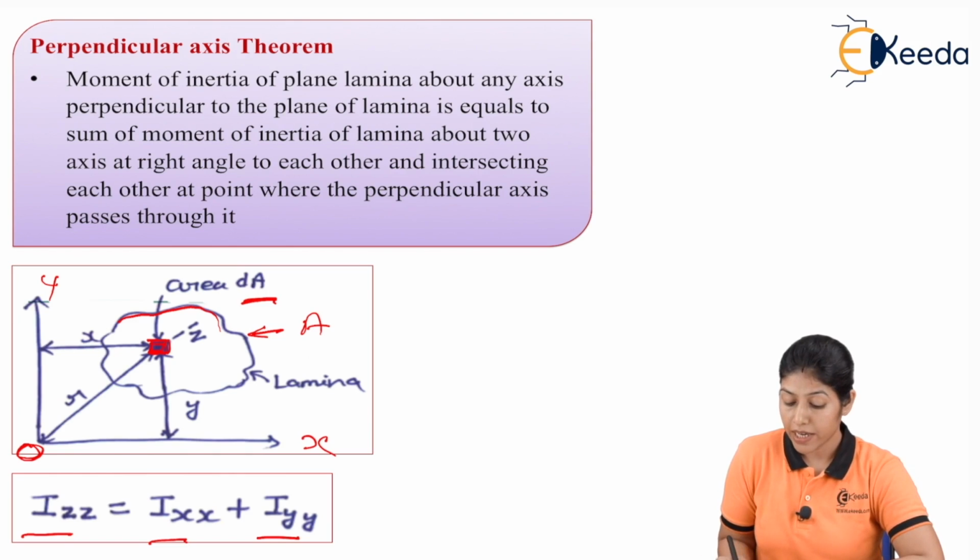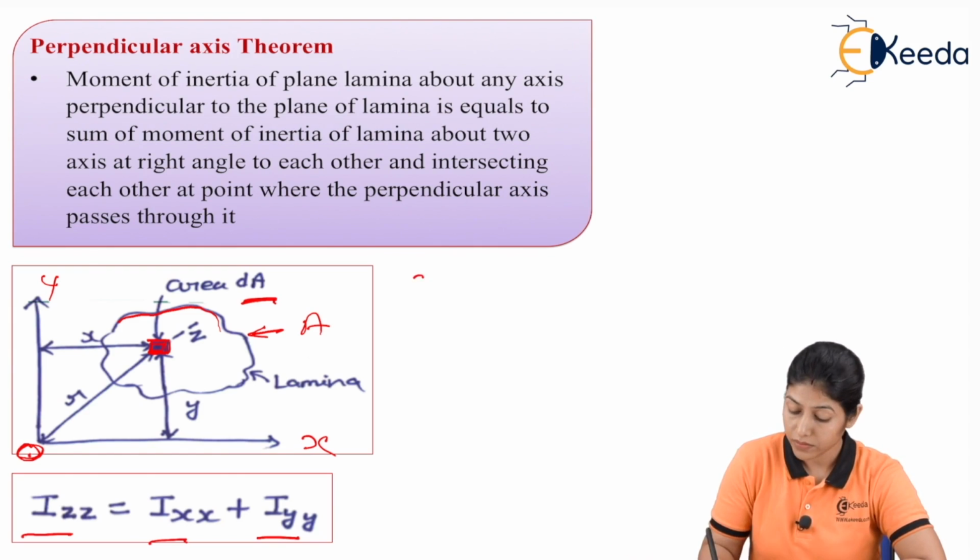Now let us consider there is another axis which is perpendicular to this lamina. This OZ axis is represented as the perpendicular axis to this lamina.